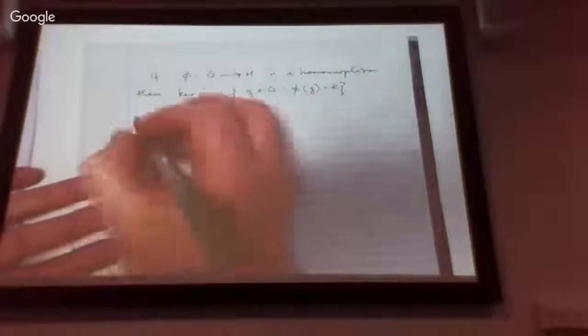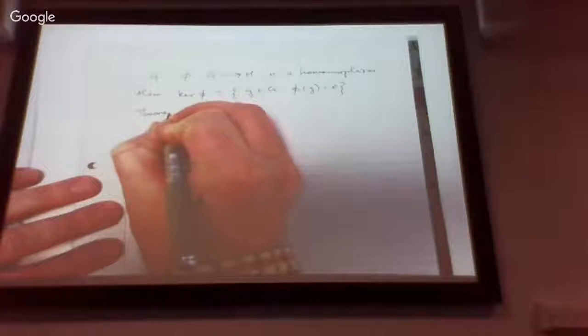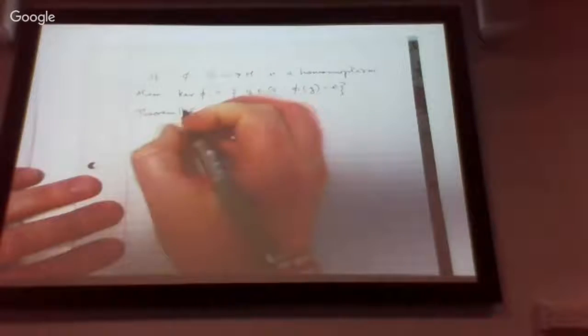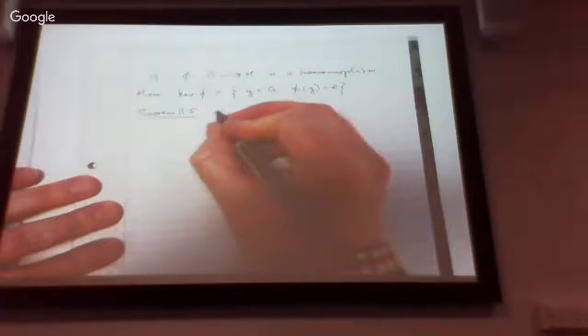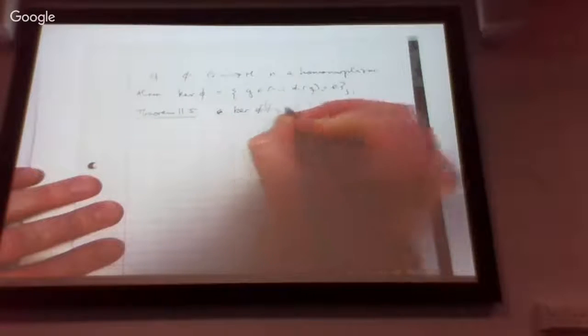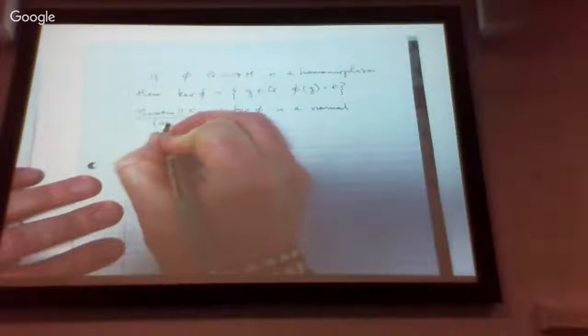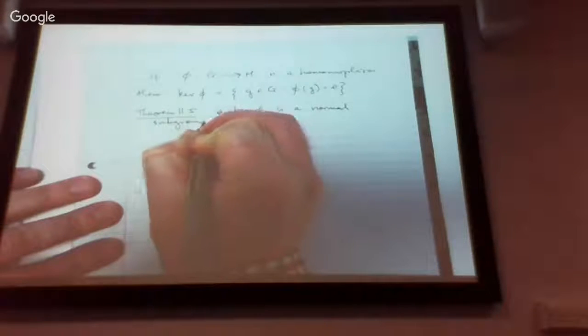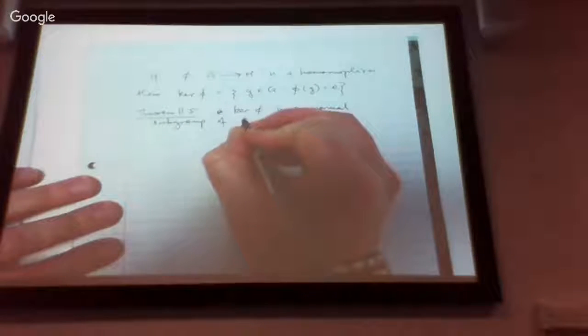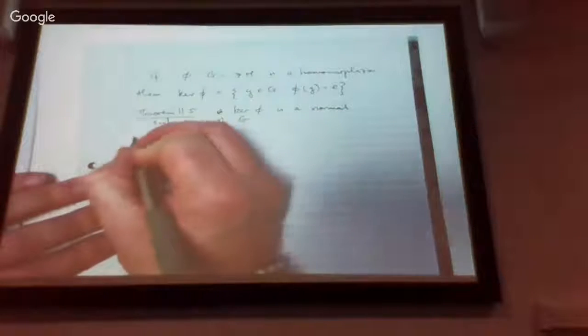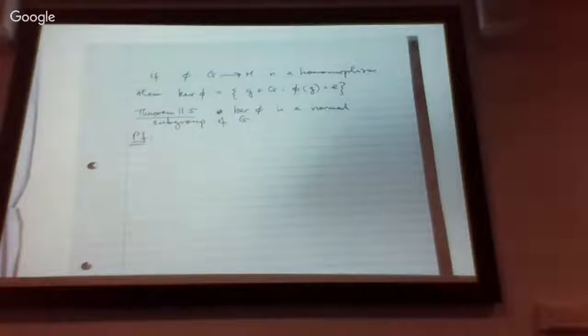Theorem 11.5 says the kernel of phi is a normal subgroup of G. Now we can give a proof of that, but we can do it in quite a clever way.